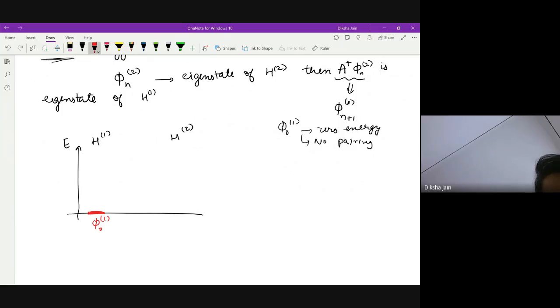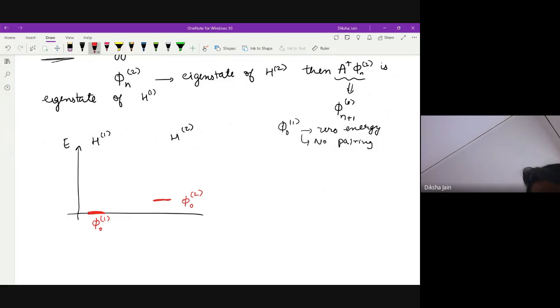And then H2 had some state which you can call the ground state of H2, but it had non-zero energy, because I showed that if H1 had a 0 energy state, H2 cannot. So this will be phi 0 of 2, the 0th energy state, the ground state of the second Hamiltonian.